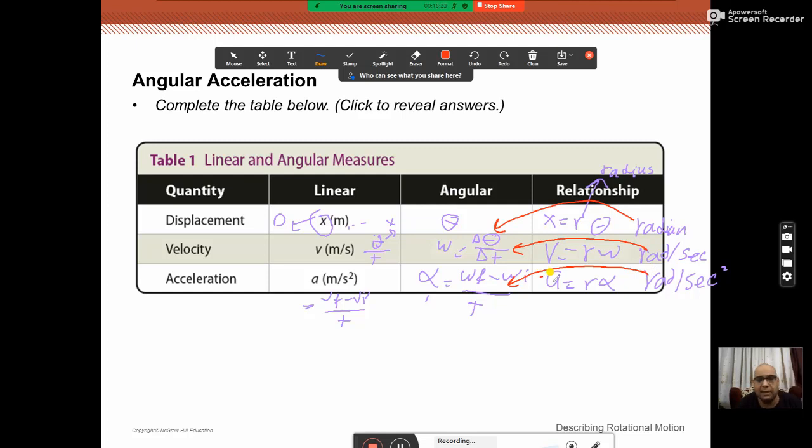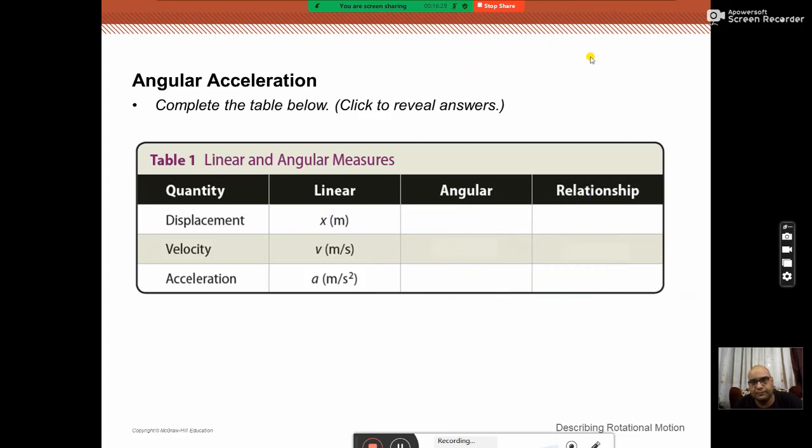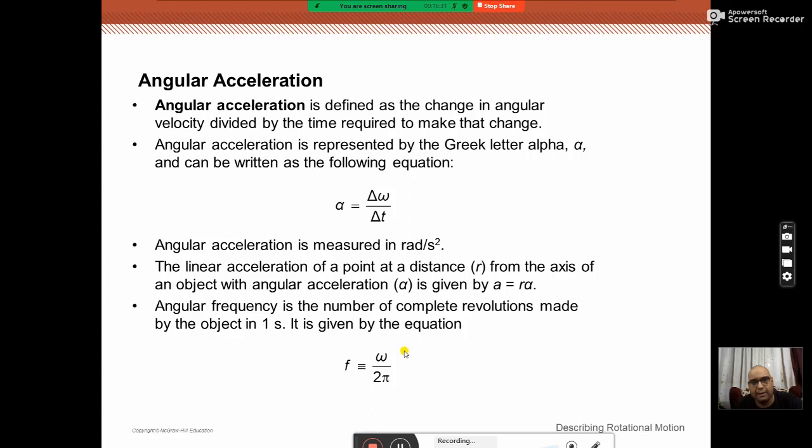Okay? The last part in our lesson is what is the value of frequency? Frequency is the number of repeated circles in certain times. So we can find it by omega over 2 pi.